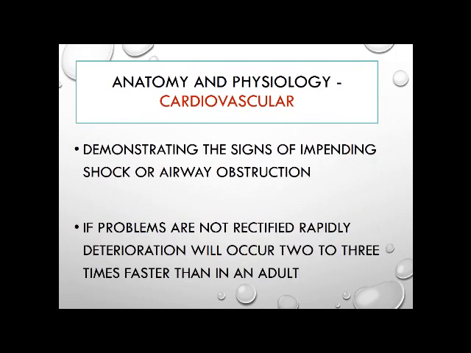Pediatric patients deteriorate really rapidly, 2 or 3 times faster than an adult, whenever there is a cardiovascular compromise or an airway obstruction. This is mainly due to their size and their inability to compensate as quickly in comparison to adults.